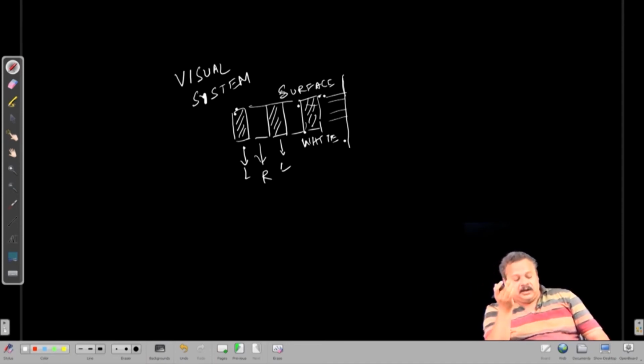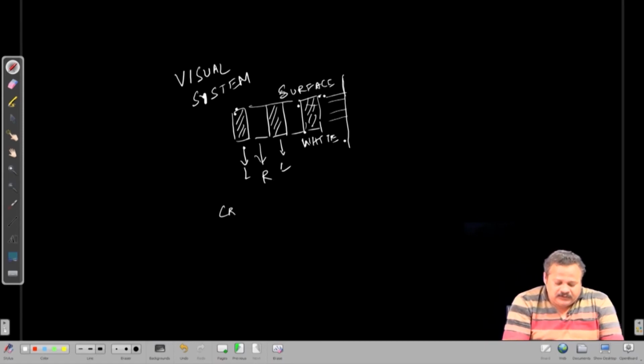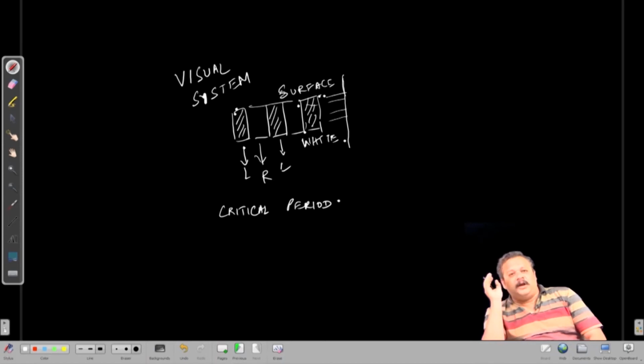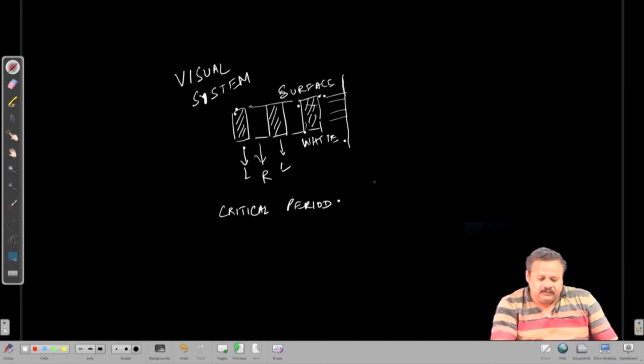If during that critical period we do an eye suture, that is, one particular eye is devoid of any stimulation, then these ocular dominance columns do not form in the adult. It is only during that critical period that if you do stimulus deprivation to one eye, then the OD columns, the ocular dominance columns, do not form.